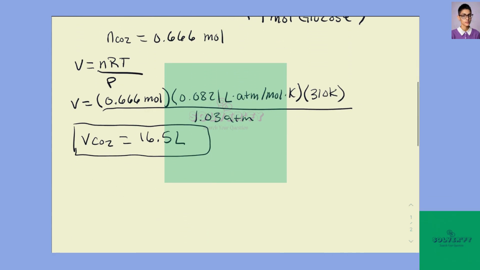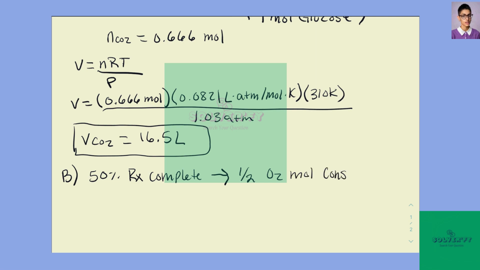For the second part of this question, they are asking us to find the partial pressures of each gas when the reaction has only been 50% completed. So when our reaction is only at 50% completed, we have half of our O2 moles consumed by the reaction.